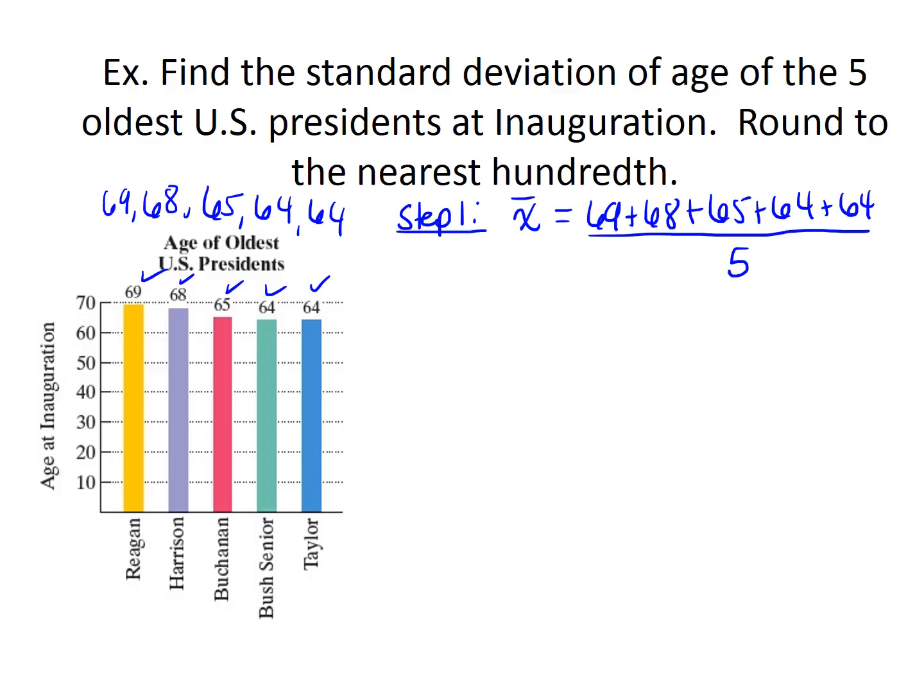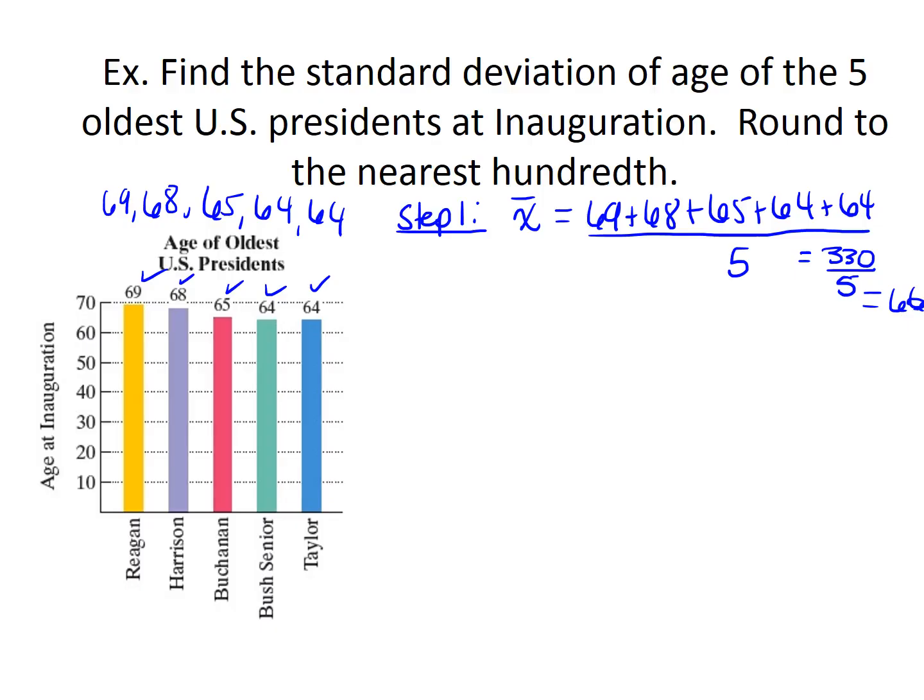This one will terminate because it's dividing by 5. 69 plus 68 plus 65 plus 64 plus 64, and be sure to hit enter. So this is 330 divided by 5, which is 66. So the mean for this one is a nice whole number, 66.